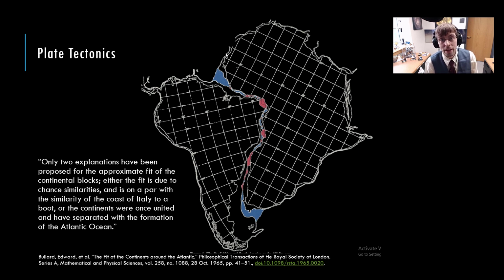Now he goes further than this. Later on in the same paper, in the conclusion section, what we call the conclusions and discussions, not only does he propose a model, that things used to be fitted together and must have since separated out, so that's the conceptual model, he also gives us some future predictions.